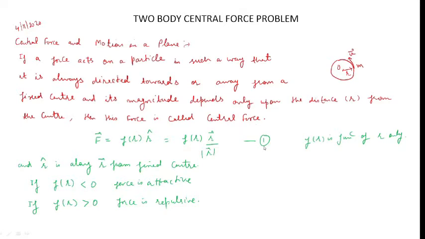Let us say it is equation number 1. Now you must note that if F(r) is less than 0, or negative, then the central force is attractive, and if F(r) is greater than 0, or positive, then the central force is repulsive.